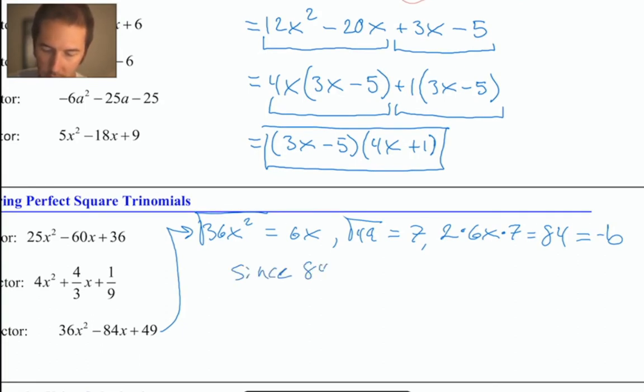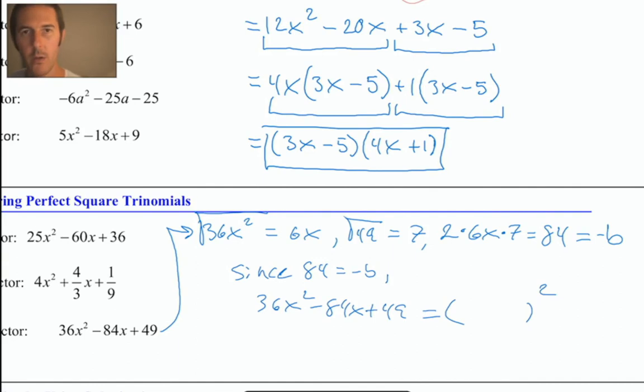Since 84 equals negative b, 36x squared minus 84x plus 49, the original expression, equals, there are three things that we're going to put into this set of parentheses.